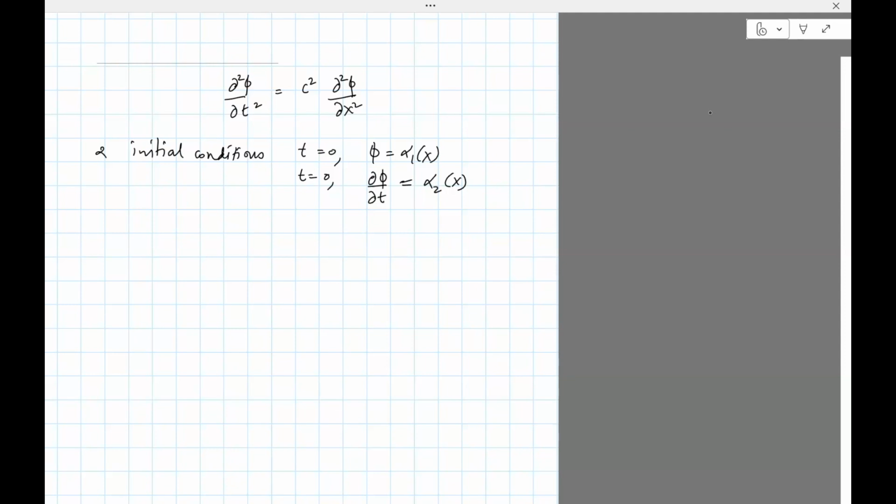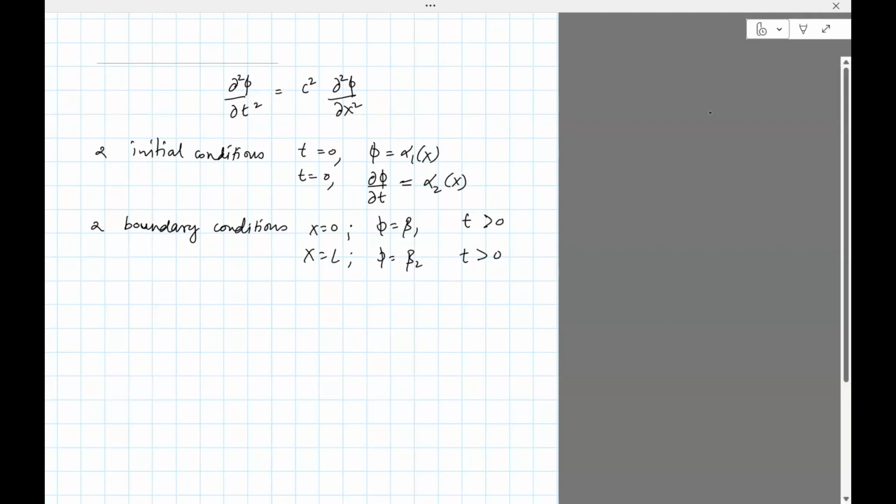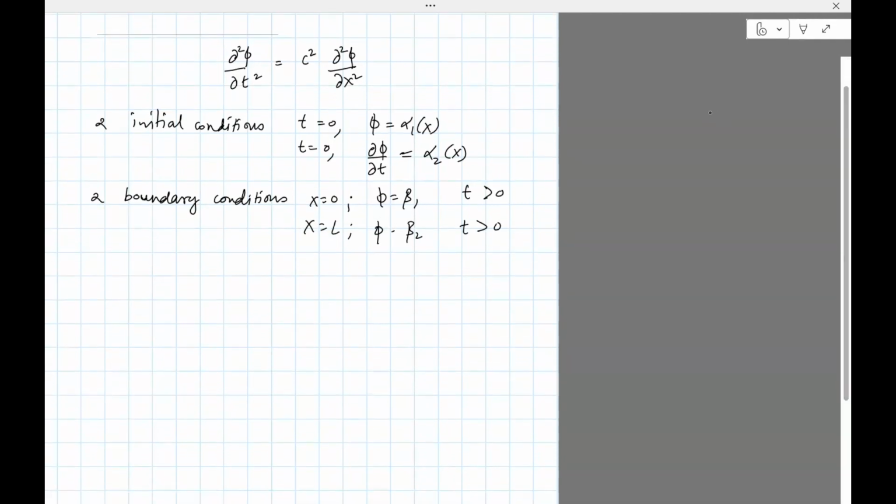Okay, because there's a second derivative in x, we also need 2 boundary conditions. So for example, at x equals 0, φ is given to you, say beta 1, for t greater than 0. And then at x equals L, some length scale, we have φ equals beta 2 for t greater than 0. Okay, so those are the boundary conditions.